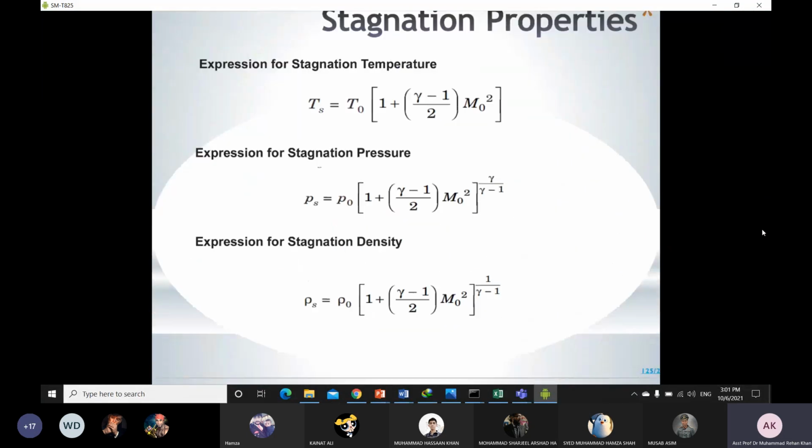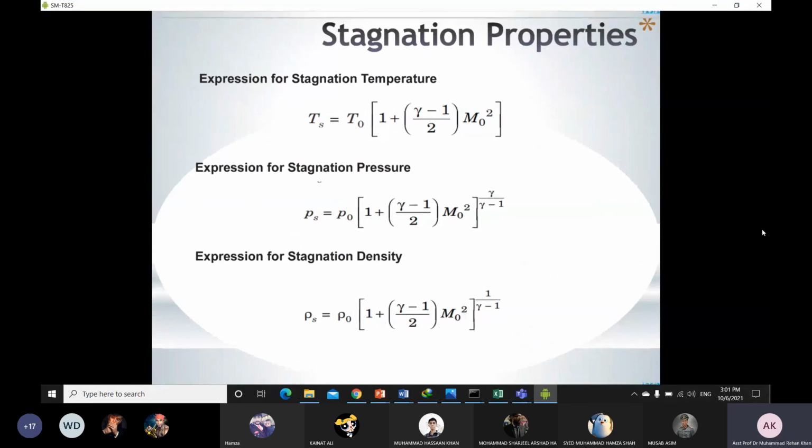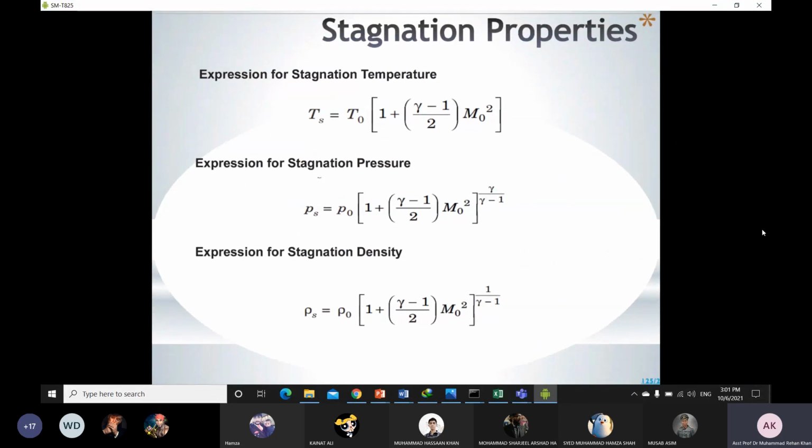These are the important relations which we have to use for the problem-solving process: stagnation temperature, stagnation pressure, and stagnation density. Here it is written gamma, which is basically the specific heat ratio, so do not get confused.